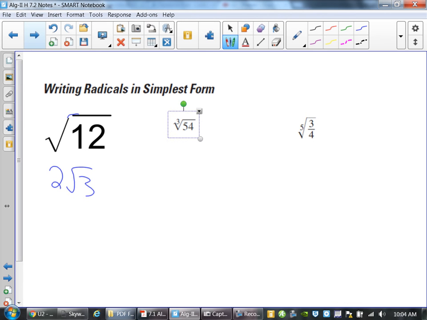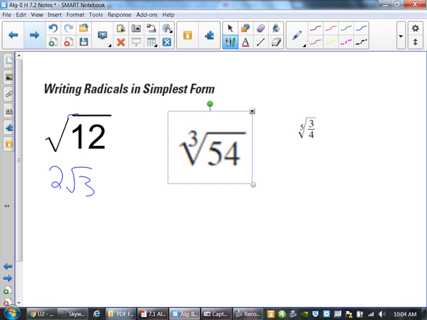But what are we going to do when we start getting cubes? When you're looking for perfect squares, you guys are fairly decent at that. You're looking to see if the number underneath the radical is divisible by a perfect square. You're checking to see, is it divisible by 4, 9, 16, 25, and so on. But when you're worrying about a perfect cube, you have to start thinking in terms of 8, 27, 64, and so on, 125.